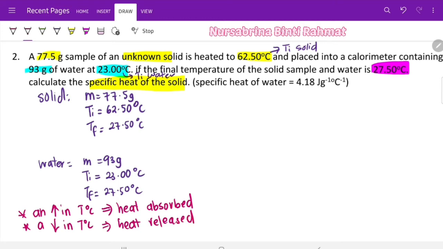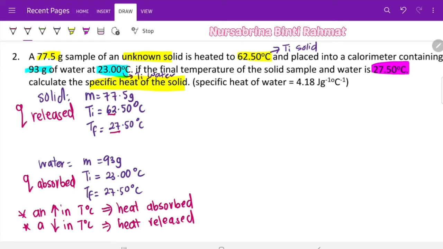So look at the solid. The initial temperature of the solid is higher than its final temperature, therefore your solid undergoes heat release. Whereas in your water, the initial temperature is lower than the final temperature. That means your water undergoes heat absorption.